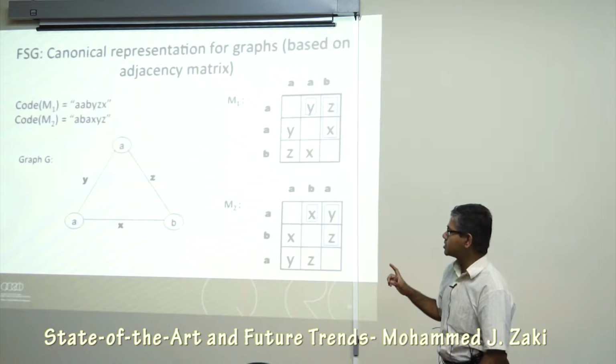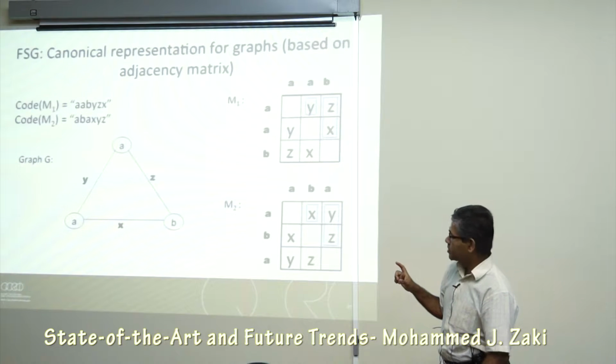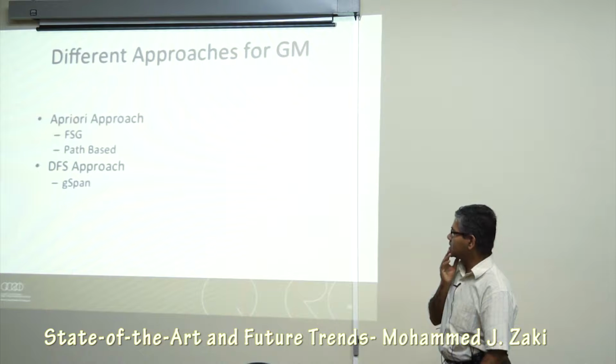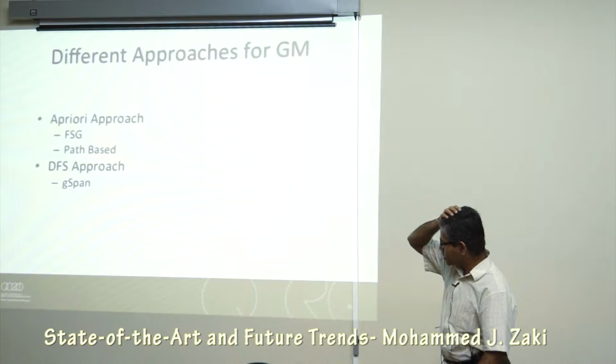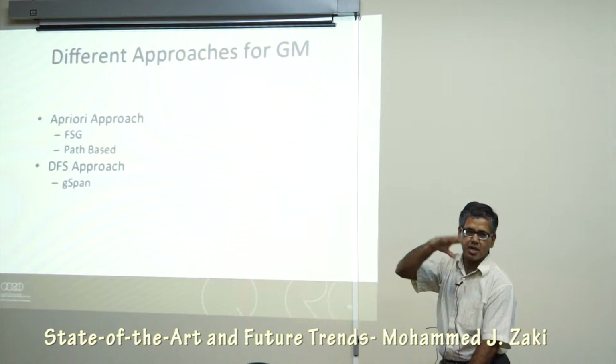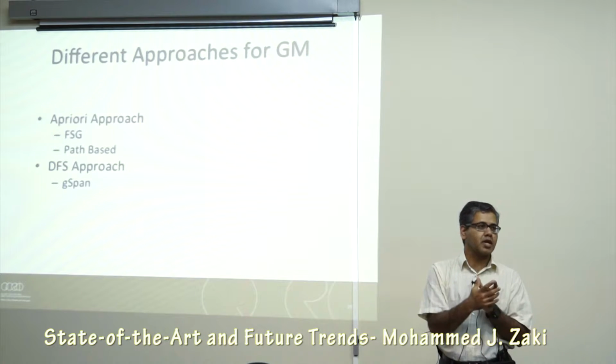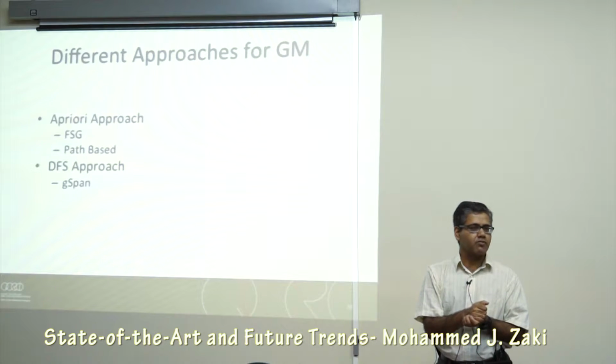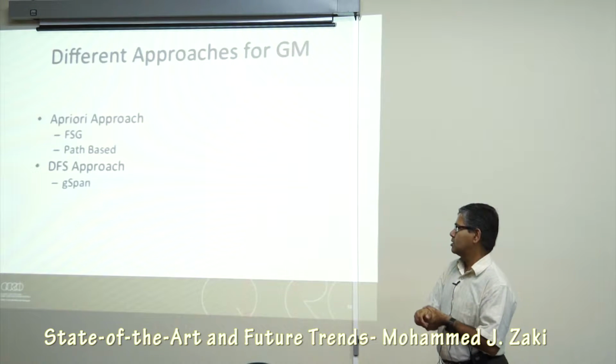So that's the first algorithm that I wanted to mention, this level-wise search. That's this method called Apriori, which comes actually from the set mining problem. So this was the first, let's say, efficient method for pattern discovery.